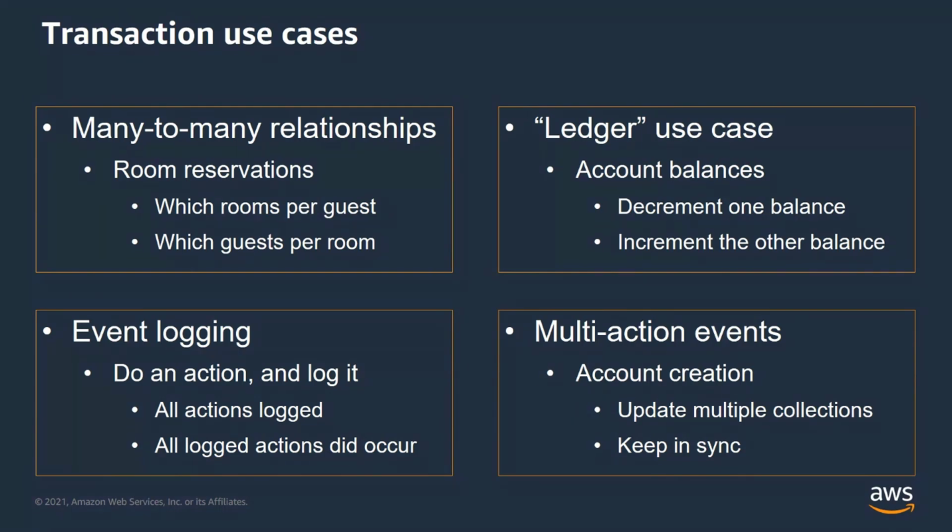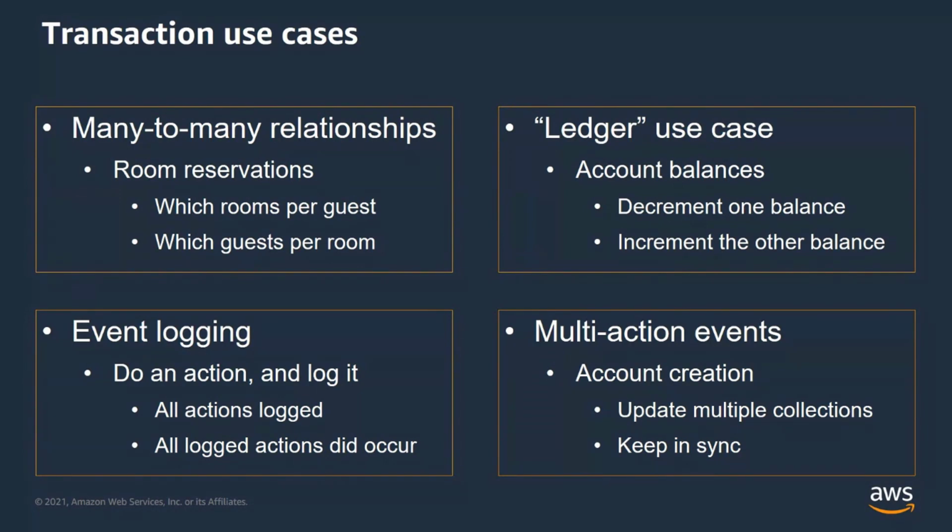The many-to-many relationships use case is one where we start talking about multiple documents. So for instance, we could do something like room reservation, where if a guest has a guest profile, we want to see all the reservations that guest has made. And similarly, we might have a rooms collection so that we can look from the room side at which reservations were made by which guests.